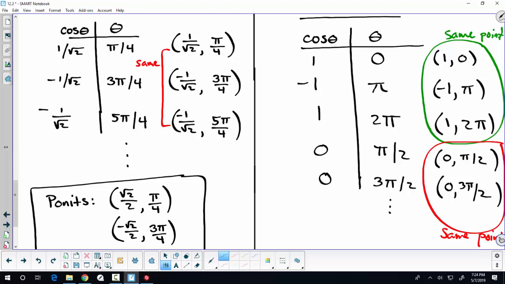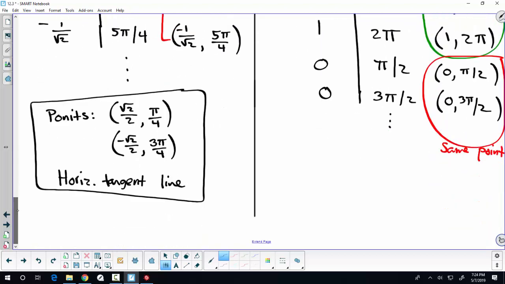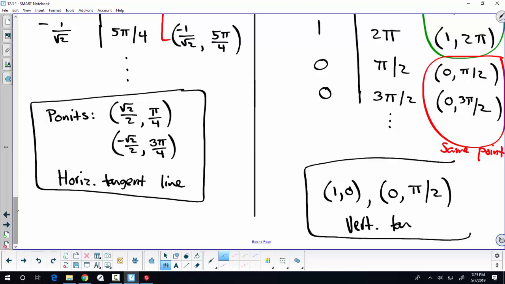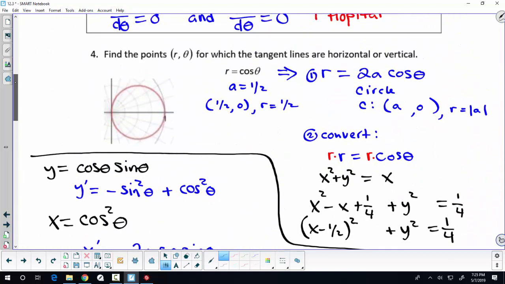So really the only 2 points that come out of that are whichever ones you like, 1, 0, and 0, pi over 2. Again, looking at those on the graph, here's the point 1, 0.